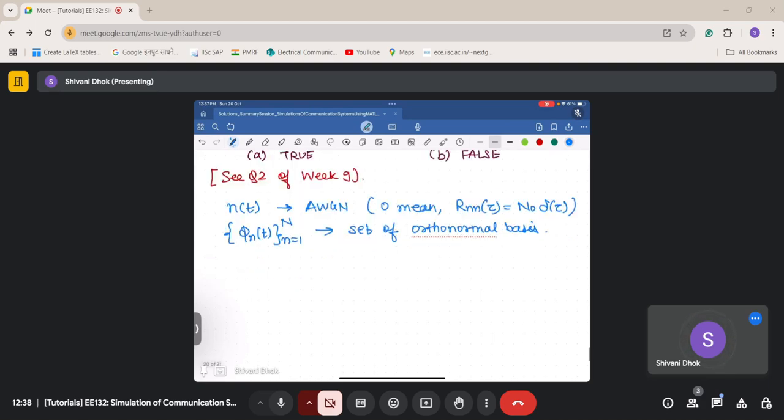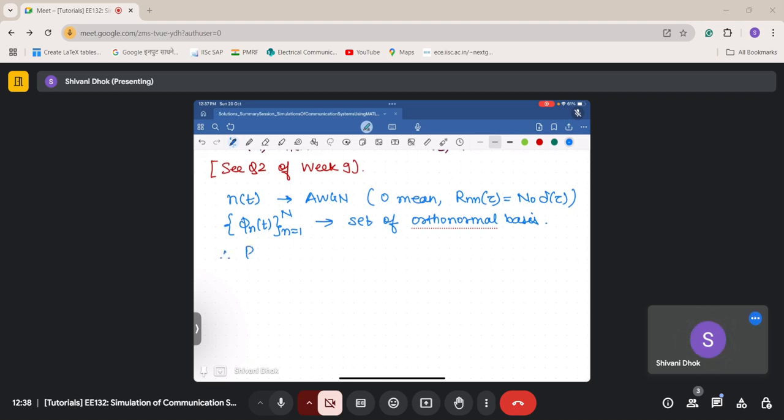Therefore, the projection of n(t) on, let me write it as i here just to avoid any confusion, on phi_i(t) is Ni, which is the integral from minus infinity to infinity of n(t) phi_i(t) dt.